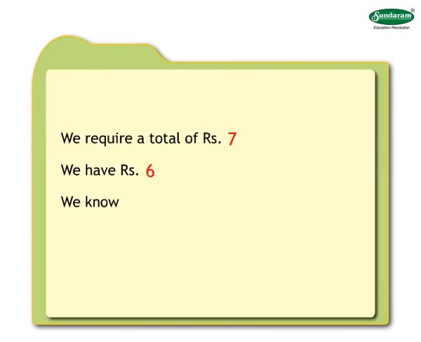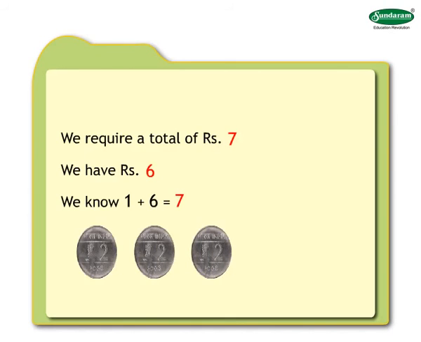We know that if we add 1 to 6, we get 7. So, after having taken 3 2 rupee coins, now take 1 1 rupee coin. Thus, we get 2 plus 2 plus 2 plus 1.